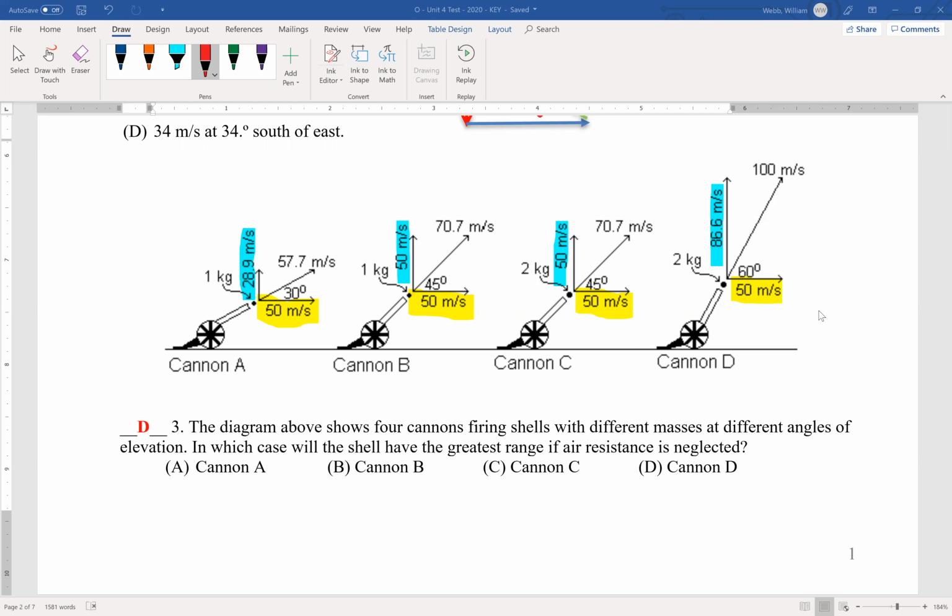And the example for Cannon D has a much larger overall velocity, which gives it a much larger vertical component. And so the fact that it's at a higher angle actually helps it have more air time. And because it's at a larger overall velocity, it still has the same horizontal. So the focus, and that's a key for AP tests, is beginning to develop the skill to distill down what's important.